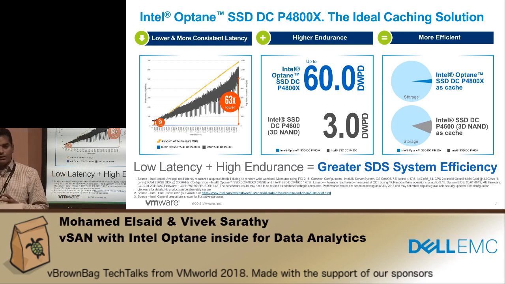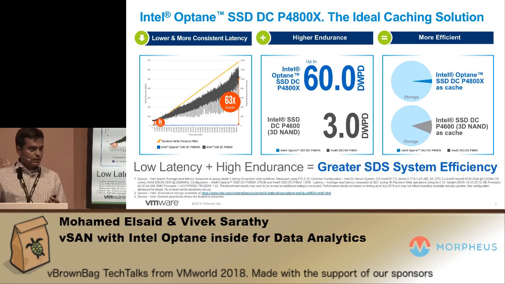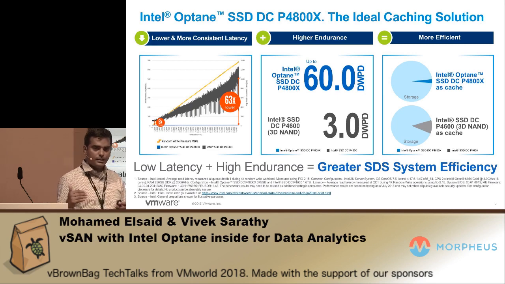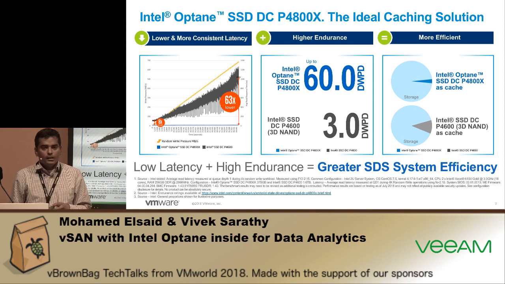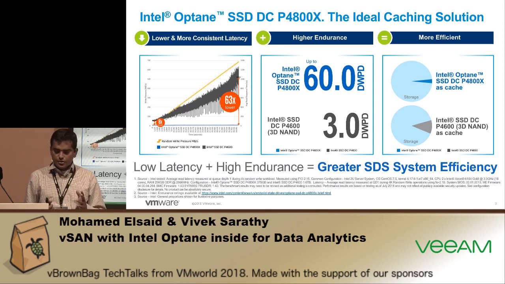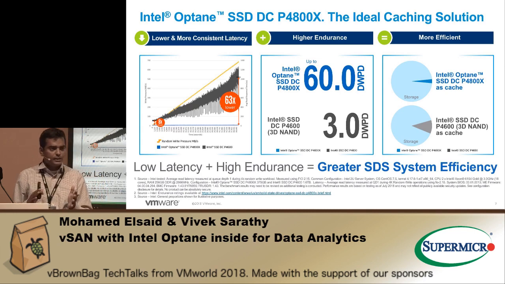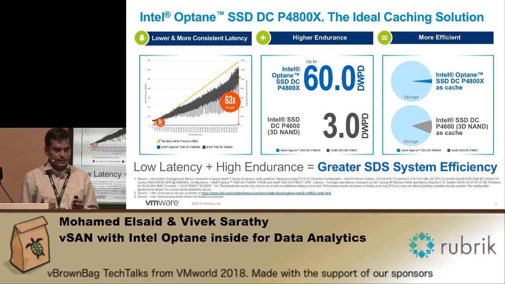Just comparing it over time, the standard SSDs rise from a latency perspective compared to an Optane SSD, where the latency remains flat over a long period of time. Now, most workloads usually fall in the range of an 8 to 10x difference from a latency perspective, right?